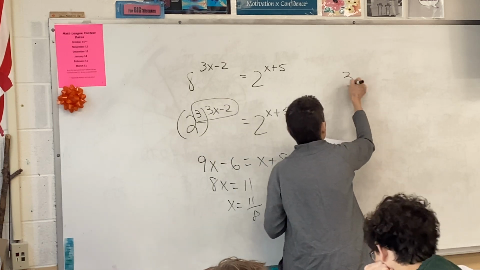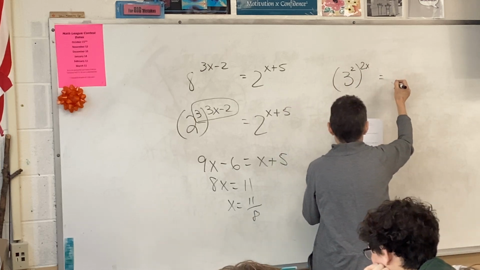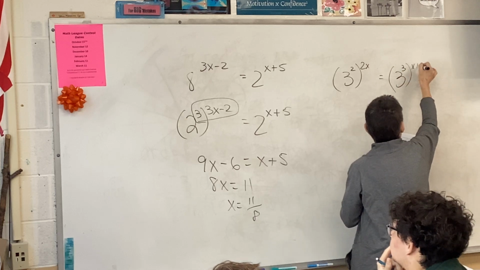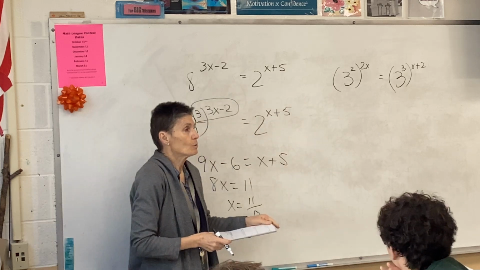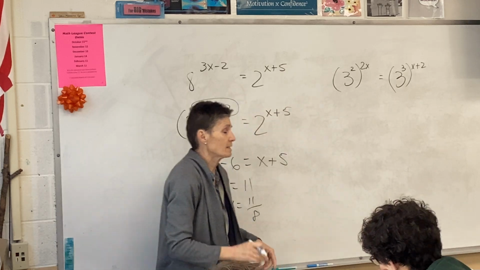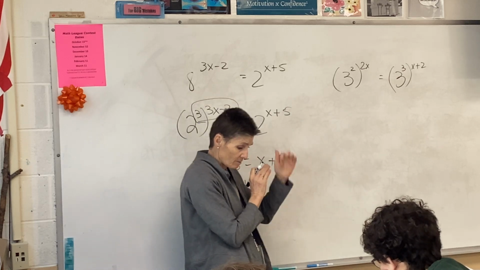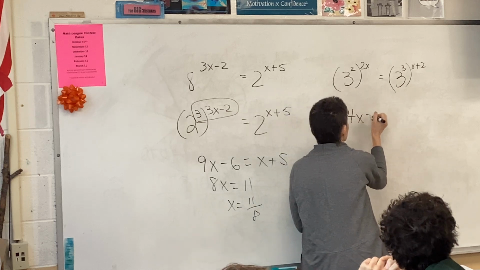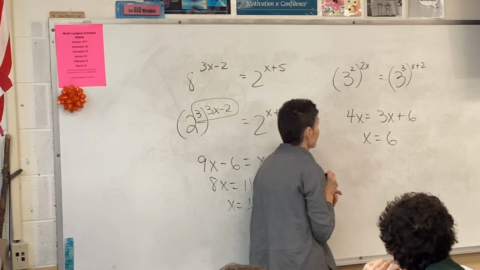So we have 3 squared and 3 cubed. Does that make sense to everybody? You could mess around with fractional exponents, whatever, but I think it's easier just to change the 9 and the 27 into powers of 3. So 4x equals 3x plus 6. Did you get 6?